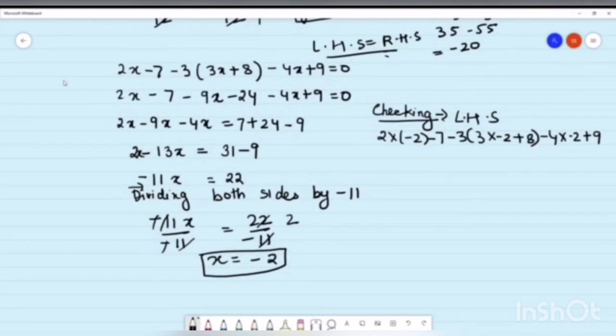So this is 2 into minus 2 is minus 4. Do it according to the BODMAS rule. What is BODMAS? You have to see where is division and multiplication. First you will do this, then addition and subtraction.